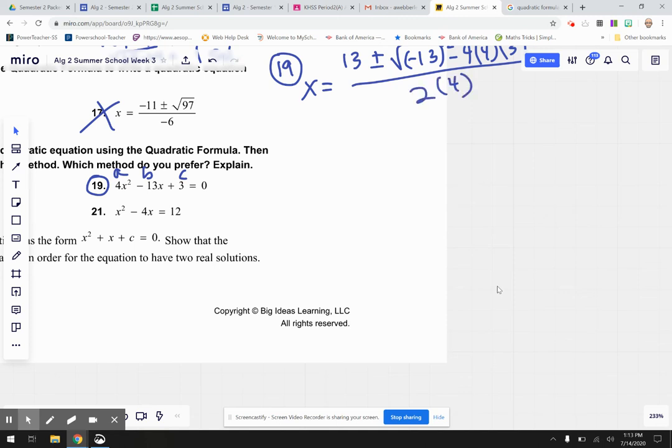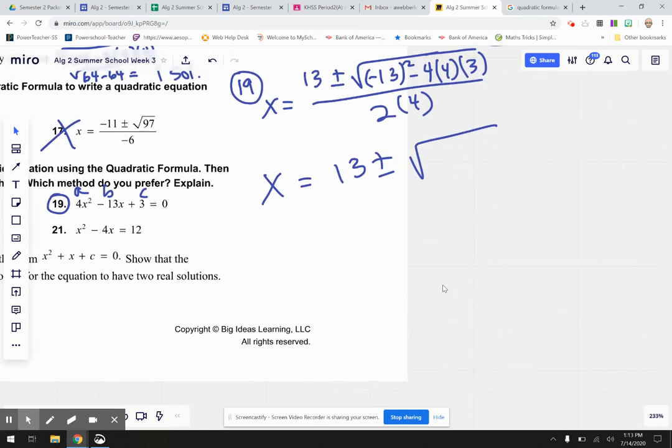So we're going to now simplify that. So 13 plus or minus the square root, let's see. We are going to get 169 for the 13 squared. 4 times 4 is 16, times 3 is 48. So subtracting 48, over 8.